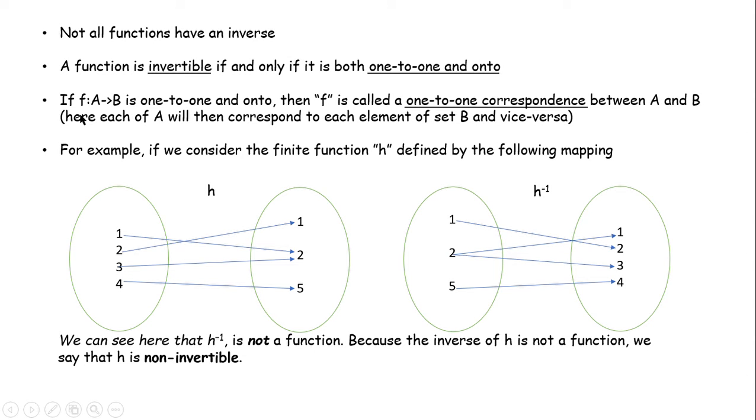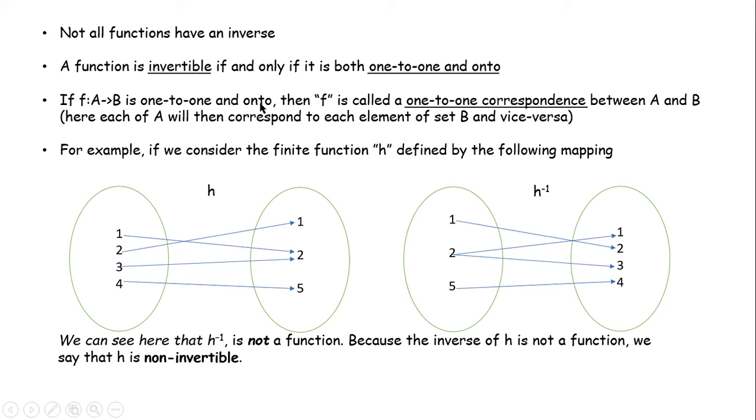Alright, so if f is a function that goes from set A into set B, and it is both one-to-one and onto, if set A represents the domain of the function and B represents the codomain, then each and every element from B is assigned as a value to some element of set A. That means it should be one-to-one.